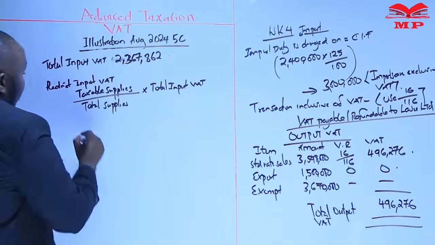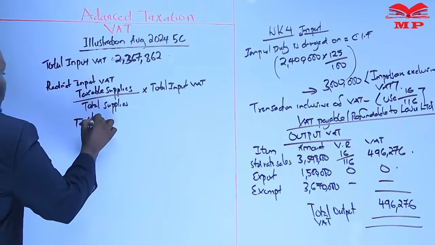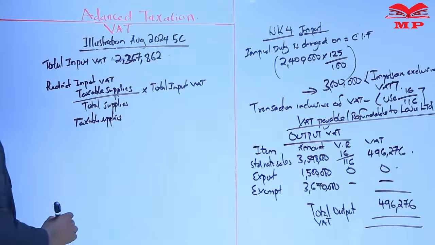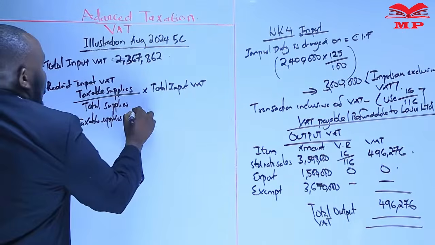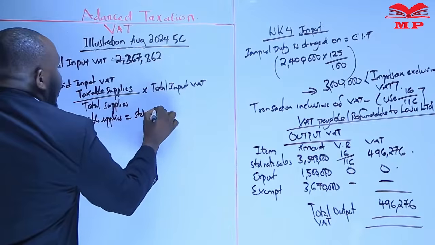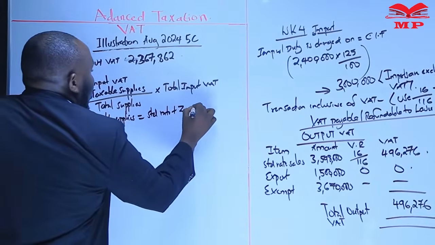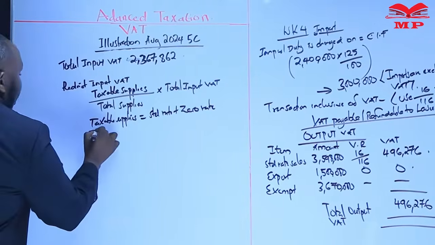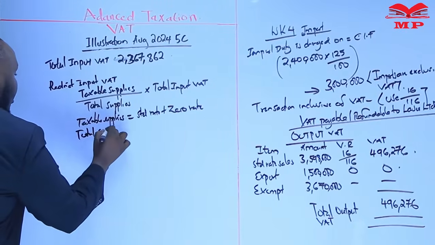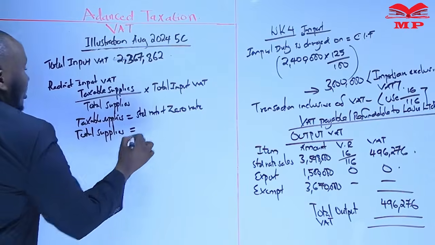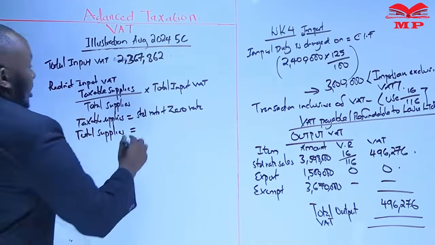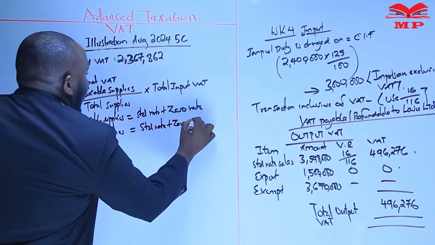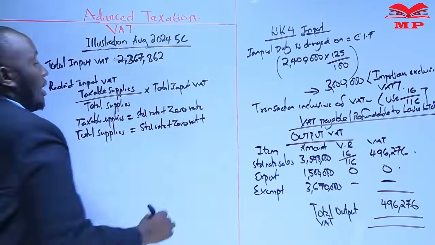Taxable supplies is equal to standard rate plus zero rate. Then total supplies is standard rate plus zero rate plus exempt.